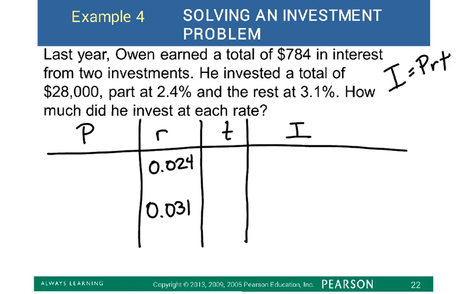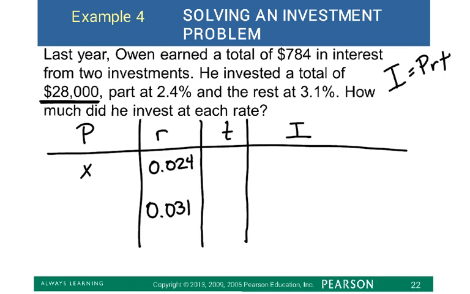The principal amount that's going to be invested at the 2.4%, let's just call it X, because we don't know how much is being invested at that certain percent. But we do know the total amount that's being invested. It's $28,000.